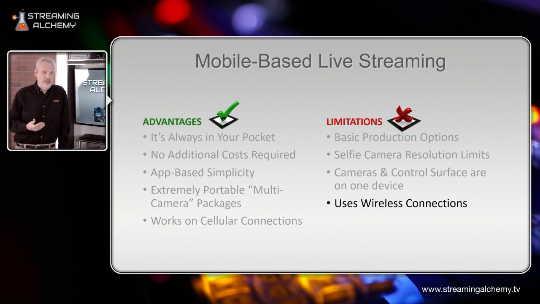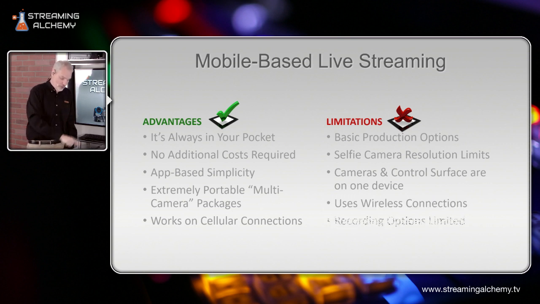You don't necessarily have an option to plug into a wall connection, which may not be an option in a lot of other venues. You may be forced to use wireless there as well. But by and large, being on a mobile device limits you to using wireless connectivity for all of the connections you want to make. Just something to be aware of, because that is a variable that you really don't control, and it could end up damaging the quality of your stream at some point.